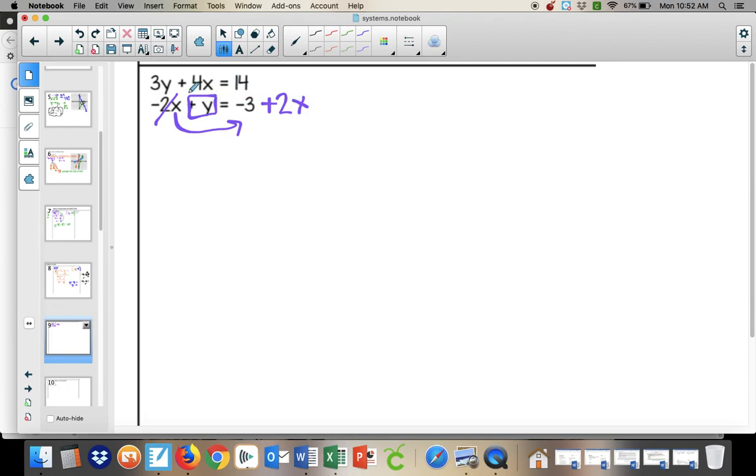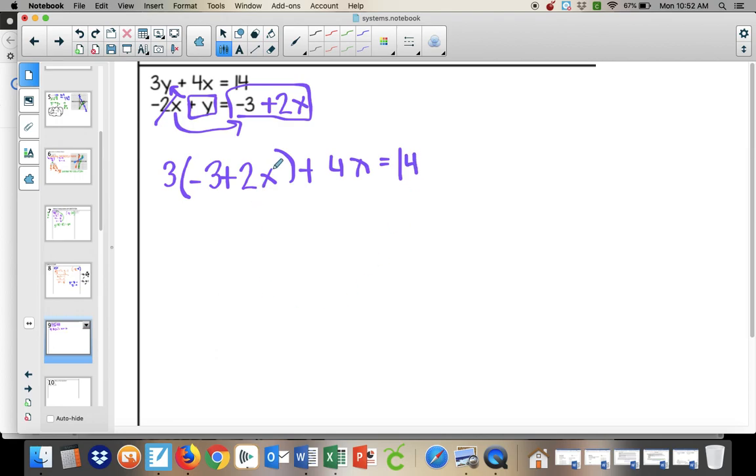I'm going to take this value and plug it in to the 3y. So now I have 3 times what y equals. y equals this whole thing. So negative 3 plus 2x. And then I still have plus 4x equals 14.